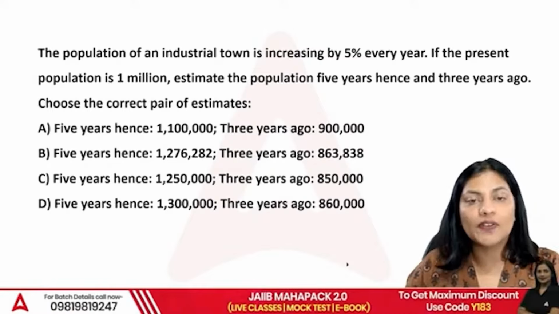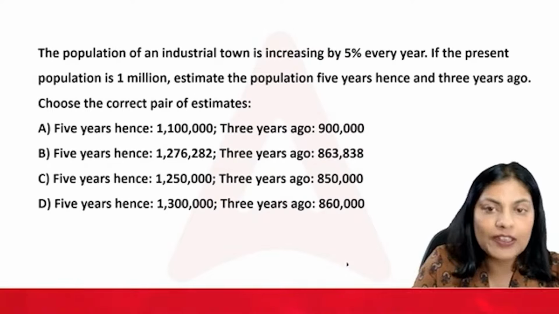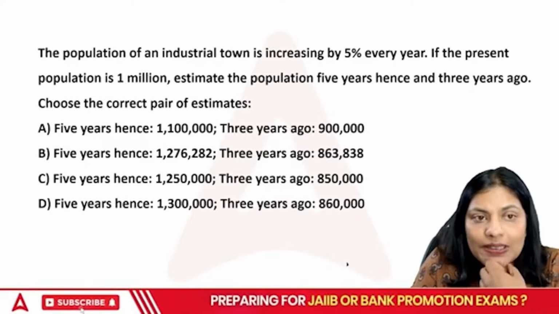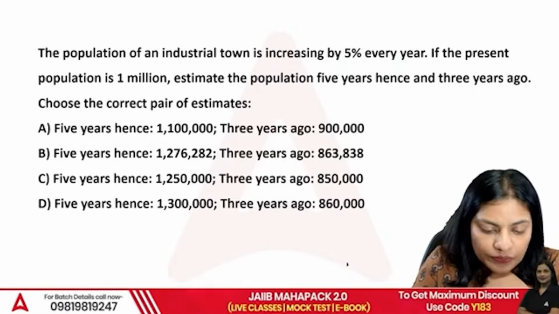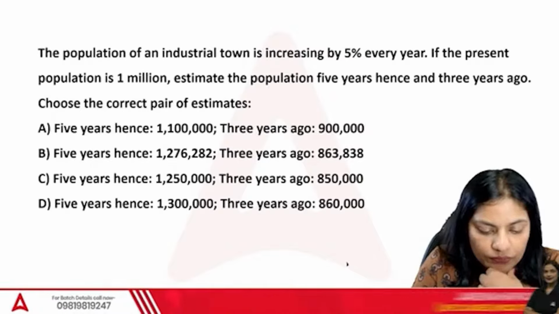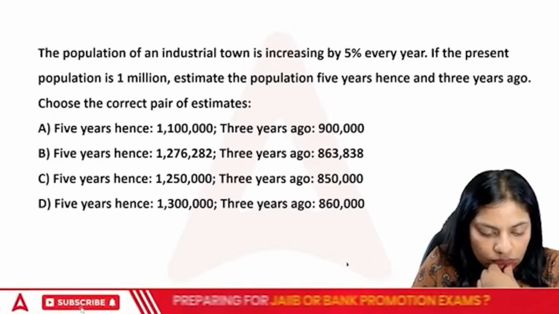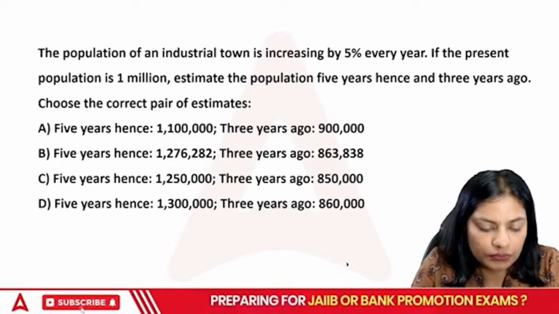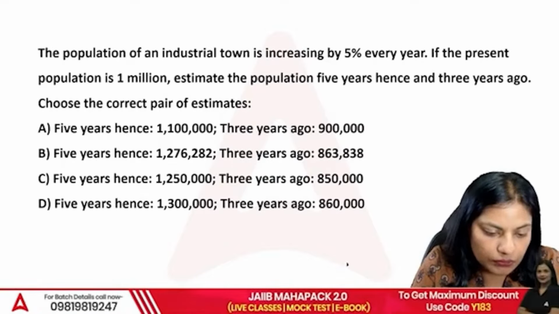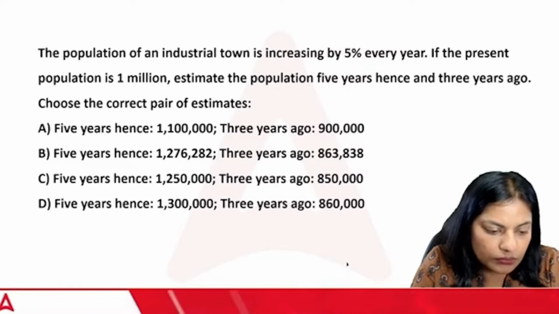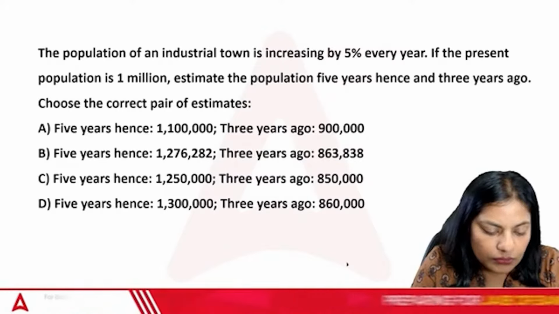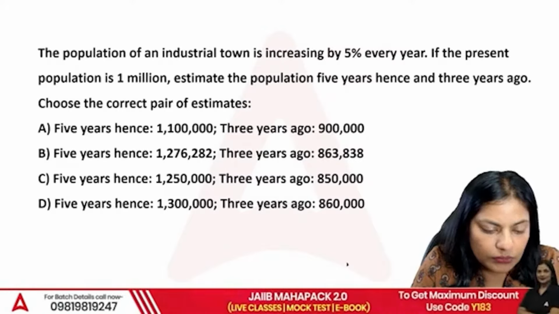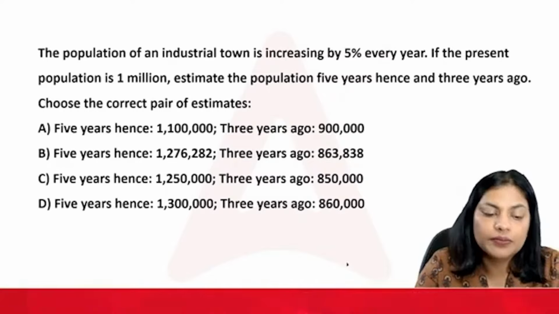The population of an industrial town is increasing by 5% every year. If the present population is 1 million, estimate the population 5 years hence and 3 years ago. What would be the right answer?